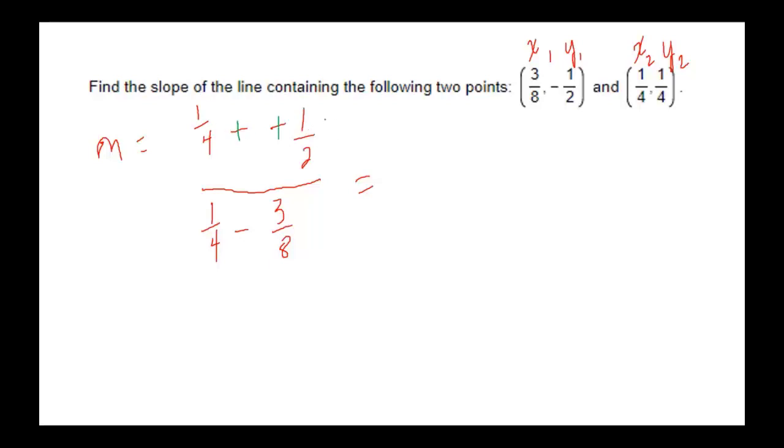So 1/4 plus, I could change 1/2 and call it 2/4. 1/4 plus 2/4 is 3/4. And then on the bottom, my common denominator would be 8. So I'm going to multiply both the numerator and the denominator here by 2, and 1/4 will become 2/8. So 2/8 minus 3/8 is negative 1/8.